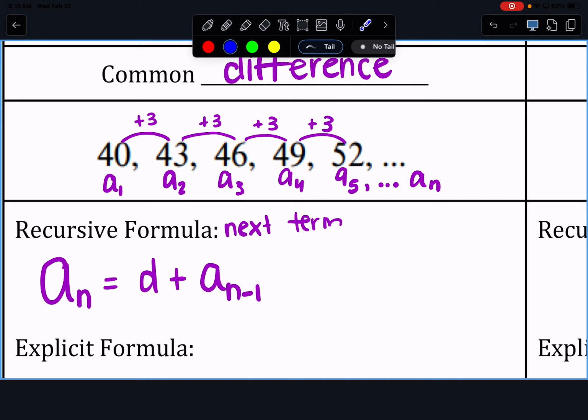So to get A6, we're going to equal that to the difference plus the 5th term. So 3 plus 52, what does that give us? 55. All right. It's just the equation for writing the next term. That's all that is.